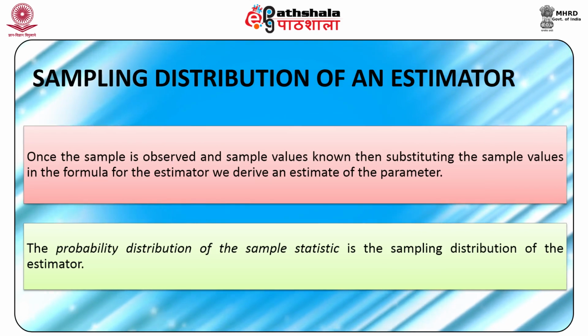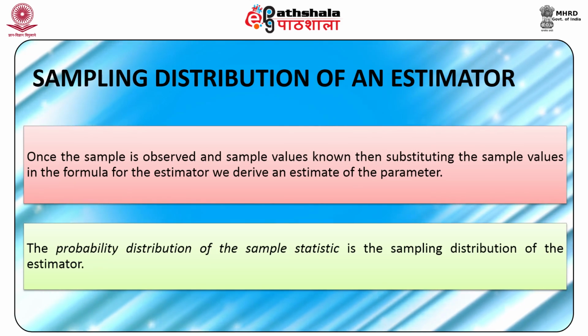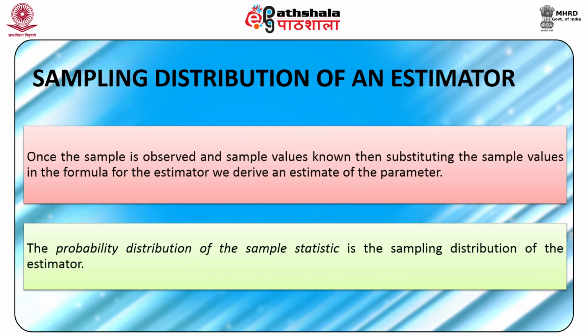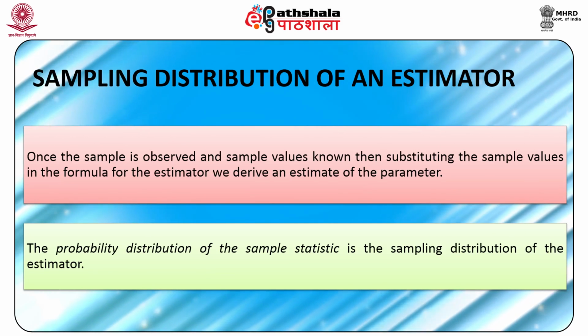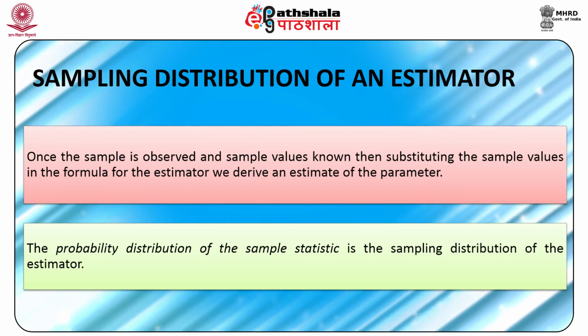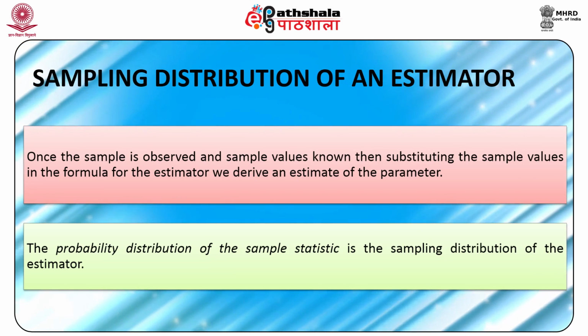So let us understand what is the sampling distribution of an estimator. The estimator is a sample statistic which is a function of sample observations. Once the sample is observed and the sample values are known, then substituting the sample values in the formula for the estimator, we derive an estimate of the parameter.